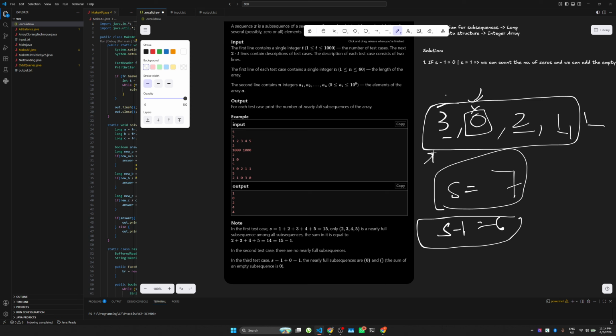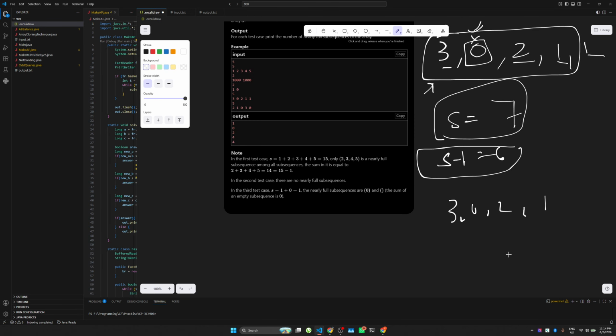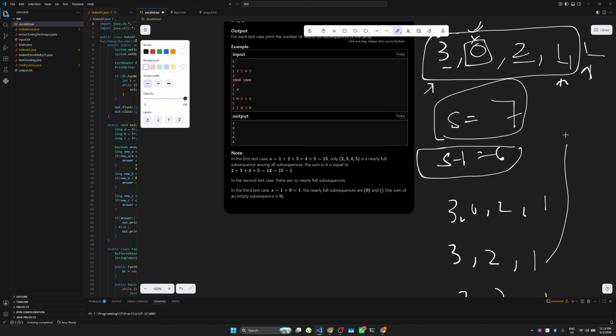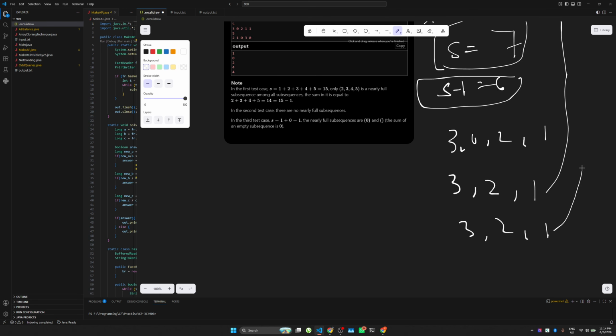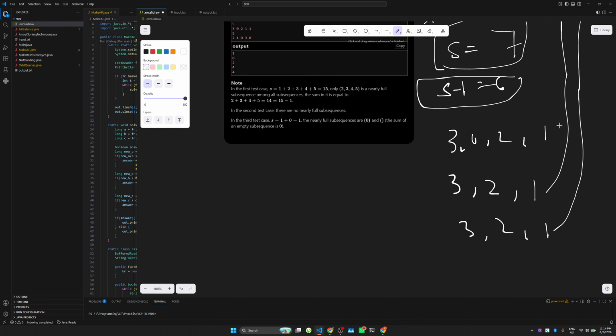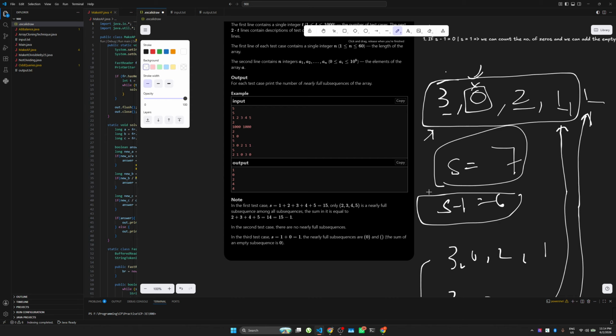So we can have 3, 0, 2, 1, 1 as one subsequence. We could have 3, 2, 1 as one subsequence, and then use this other 1 and not this one, so 3, 2, 1 with that other one. So that is 3 of them. What's the fourth one?